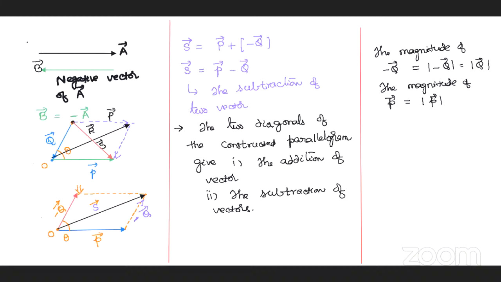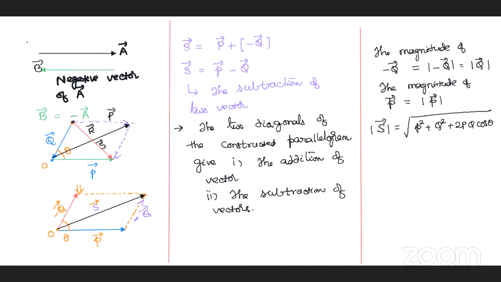So it looks like P and Q making an angle theta originated from the same point. Already you know, if two vectors are originated from the same point at an angle theta, the resultant of these two vectors is S bar. So S bar magnitude, according to parallelogram law of vectors, is root over P square plus Q square plus 2PQ cos theta.